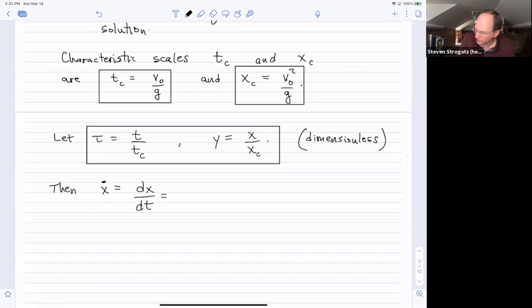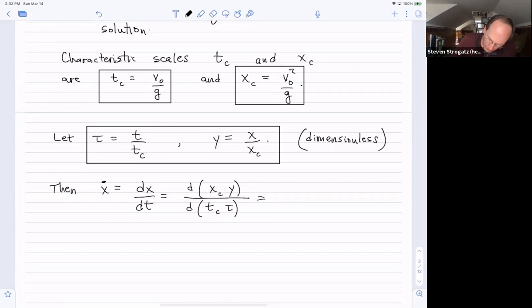And so in terms of these new quantities, x is a constant xc times y, and t is tc times tau. So as you'd expect, those constants come outside to give you something with units of velocity times a dimensionless quantity, dy by d tau.